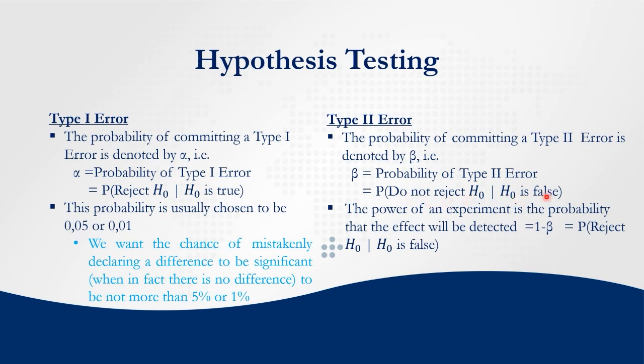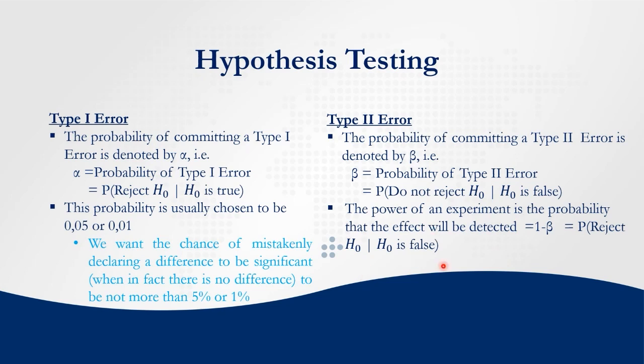So emanating from this type 2 error, we have what is called the complement of the type 2 error, which is what we refer to as the power of a study or an experiment. It's the probability that the effect will be detected. So what is that? The probability that we reject H0 when H0 is false. This is what we want. We want to reject H0 when H0 is false.